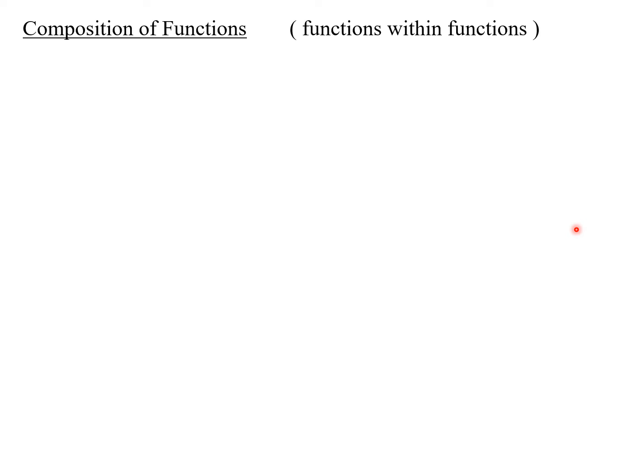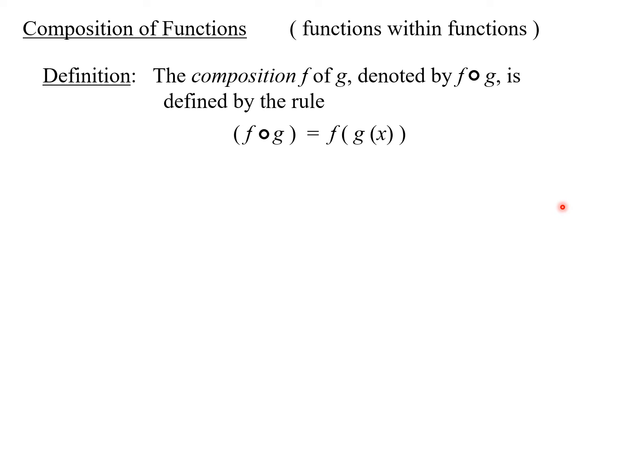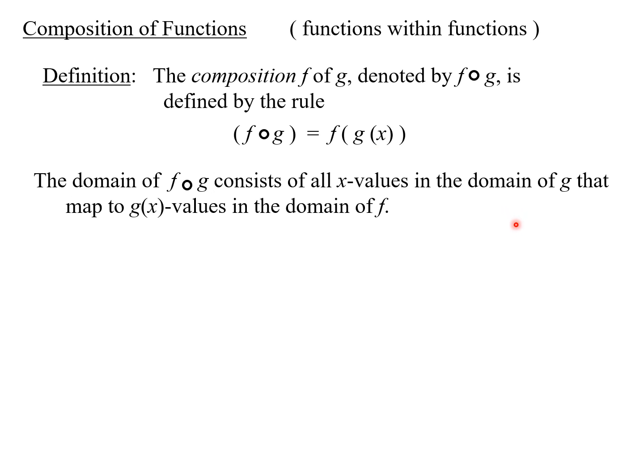Now let's talk about the composition of functions, which are functions within functions. By definition, the composition of f of g, denoted by this symbology, is defined as this, f of g of x. And then the domain, you have to be careful with the domain again. The domain consists of all x values in the domain of g that map to values that are in the domain of f.